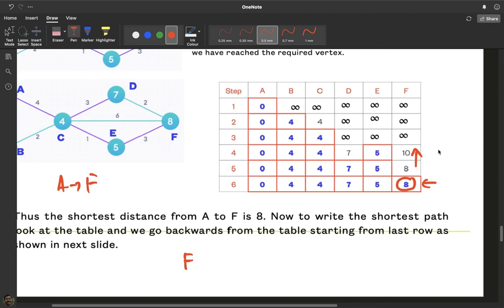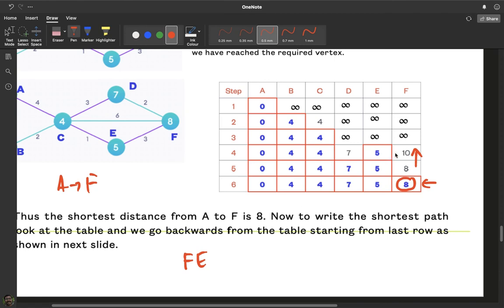So we'll look at row 4 and at the vertex which had permanent weight assigned at row 4. In row 4 the permanent weight assigned was actually E, because all the other vertices had permanent weight assigned before. So I'll write E now.